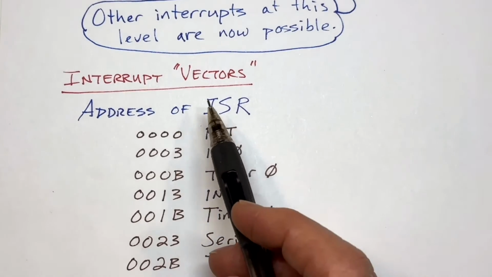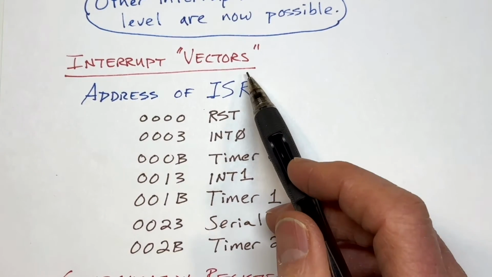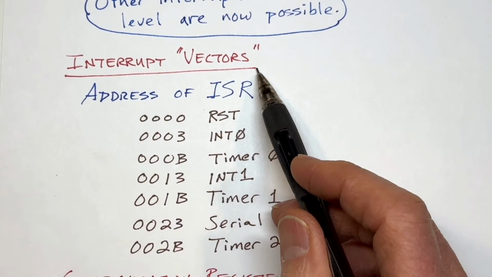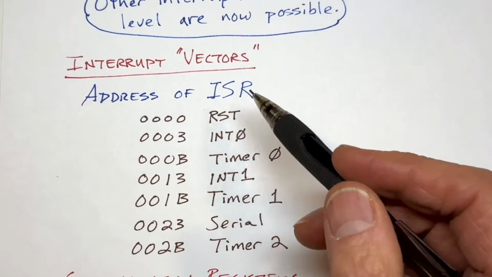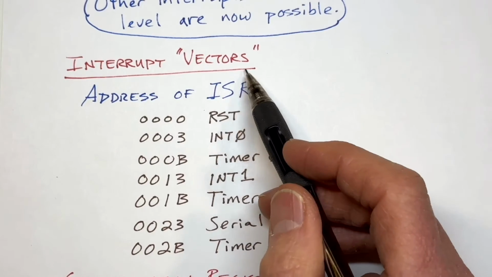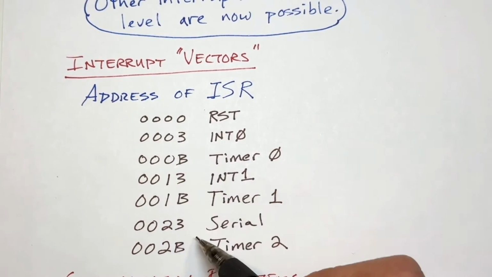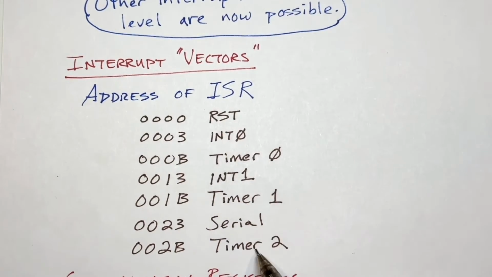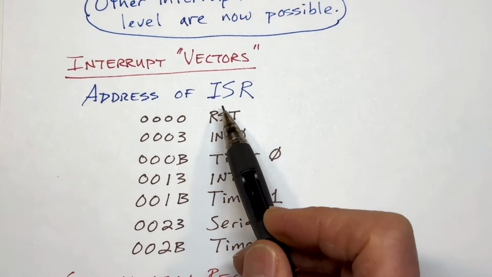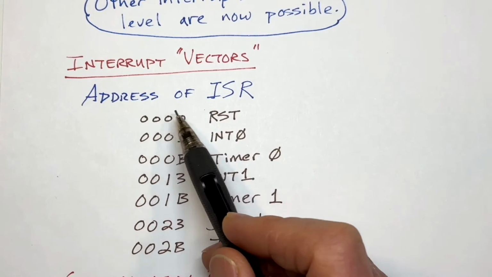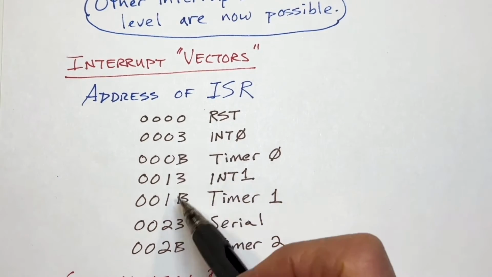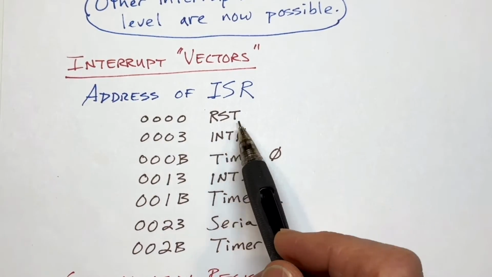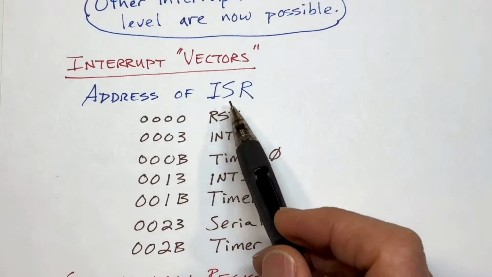This use of the word vector has nothing really to do with vectors that you might find in math, but instead it is basically a set of addresses. There's one address for each particular interrupt source. Here we see our 6 sources of interrupt. The reset is also considered another address. So here are the addresses, or the vectors, for these particular interrupt sources and for the reset.